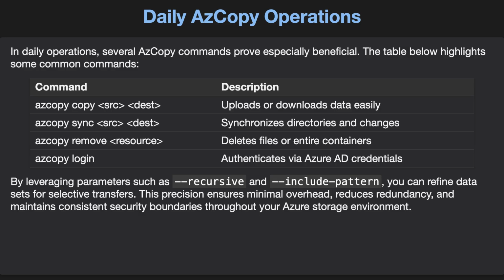AzCopy login authenticates via Azure AD credentials. By leveraging parameters such as recursive and include pattern, you can refine data sets for selective transfers. This precision ensures minimal overhead, reduces redundancy, and maintains consistent security boundaries throughout your Azure storage environment.